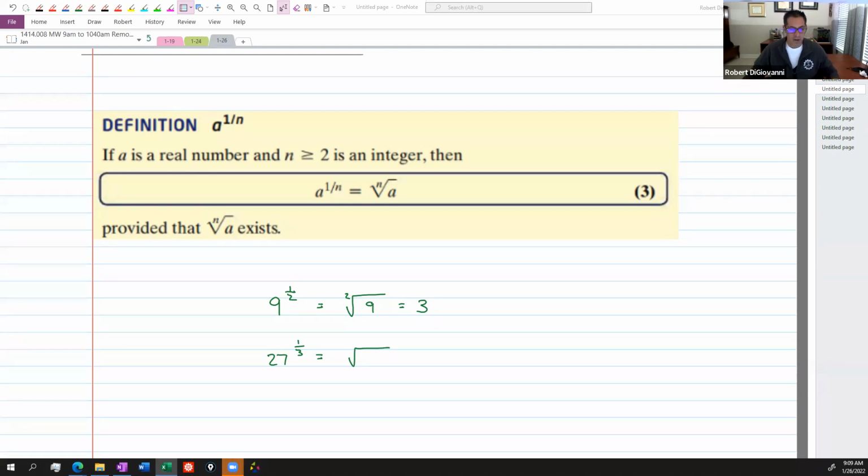Good. So Gloria, what would be the number on the outside of this radical according to this formula here? I'm not sure. You're not sure? Okay, so just look at the formula here. The A is the 27, right? Then you have 1, here's 1.